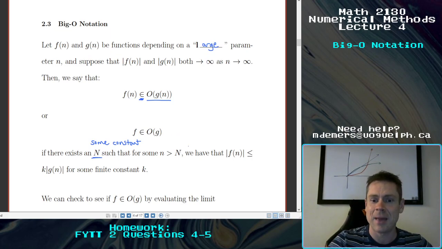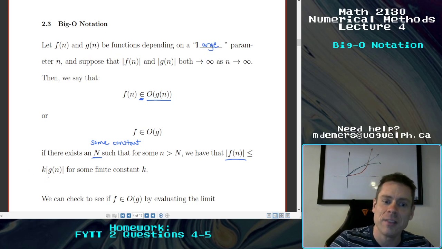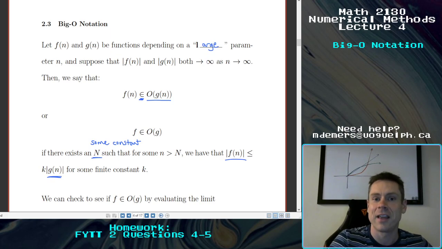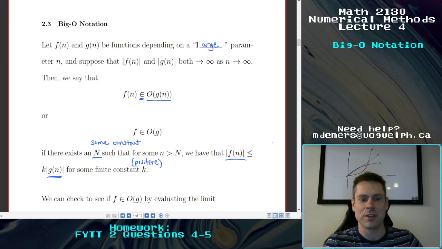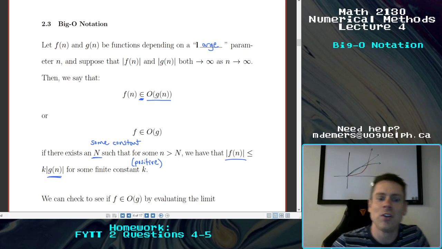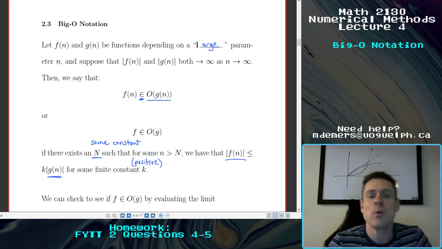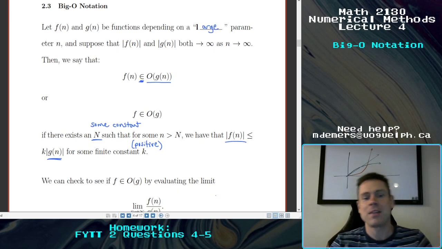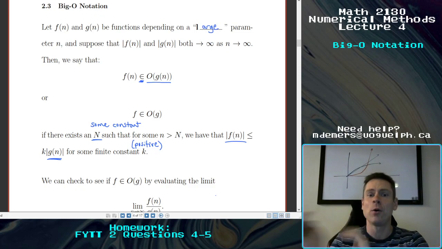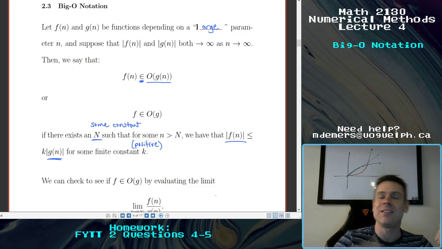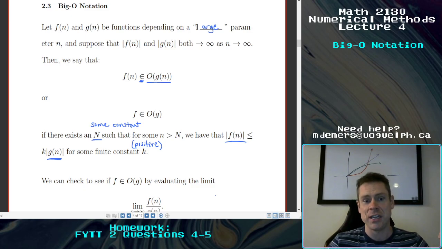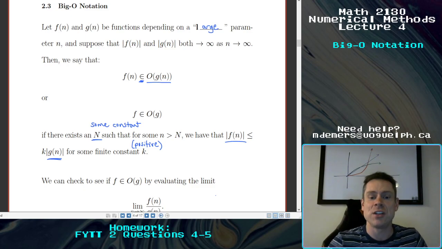That's what these absolute values are saying. The absolute value of f of n is less than or equal to the absolute value of g of n times some positive constant k. And of course, this should be a positive constant to make sure that this inequality can even hold. But this is what we need, okay? We say that f is an element of big O of g, or sometimes we'll say f is on the order of g if this definition is true.